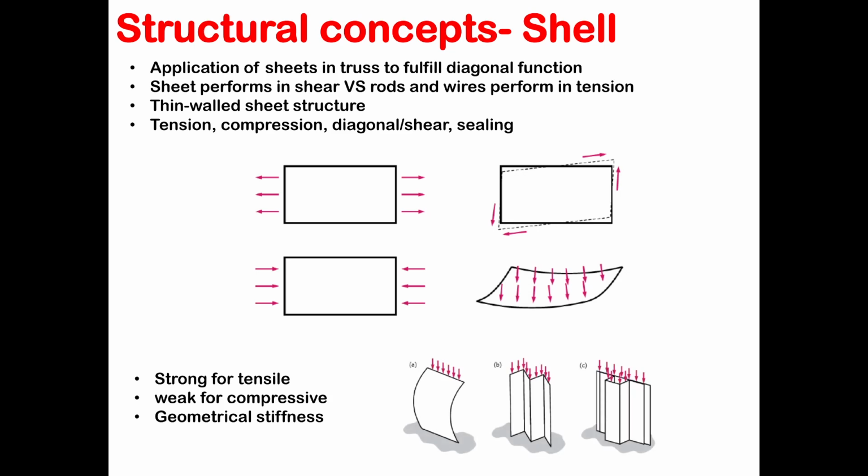We can always increase the stiffness of a sheet by changing its geometry, or by adding geometrical stiffeners, like the hat stiffener in this case.